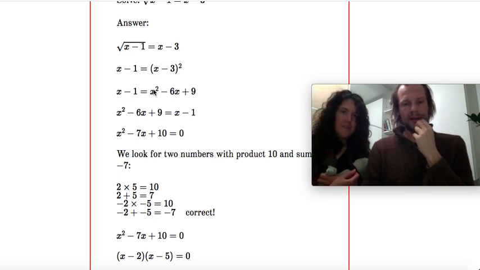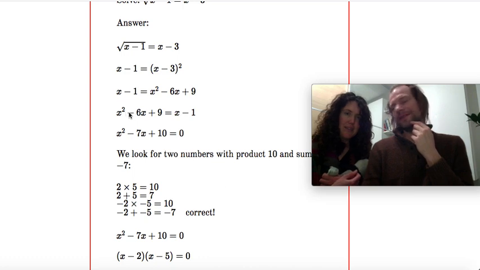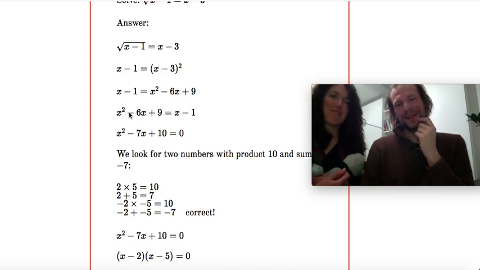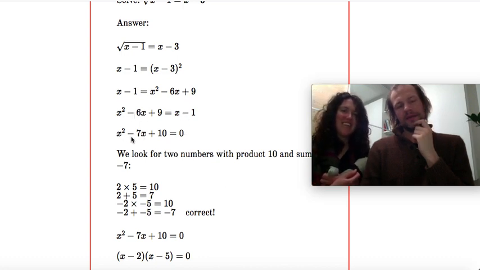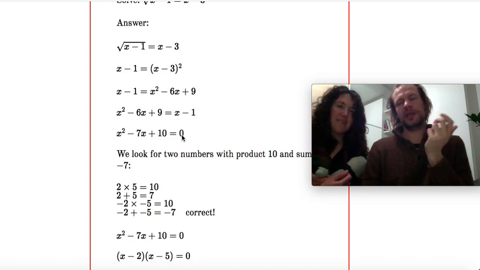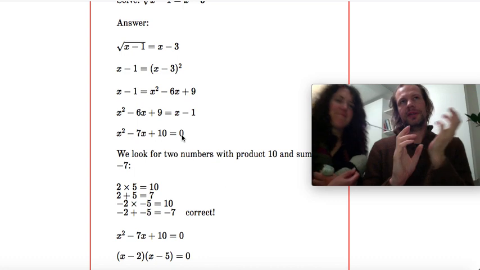And then the only thing I now do is move this to the left and this to the right, because I like it more on the left. Just a matter of personal taste. At the end I want to have an equation where a term is 0, and I don't want to have 0 is a term, because 0 is not a term.